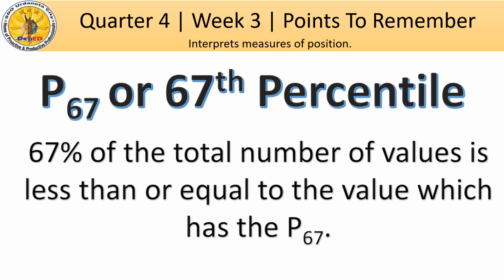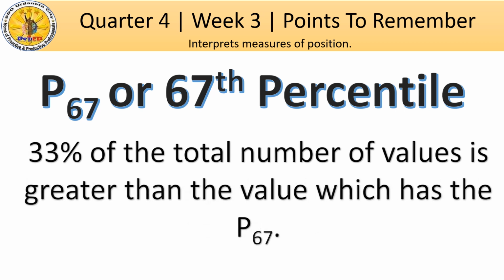This can be defined as 67% of the total number of values being less than or equal to the value which has the P67. Take note: less than or equal to the value. So if you have determined a value or score which has a 67th percentile, 67% of the total number of values or scores is less than or equal to it.